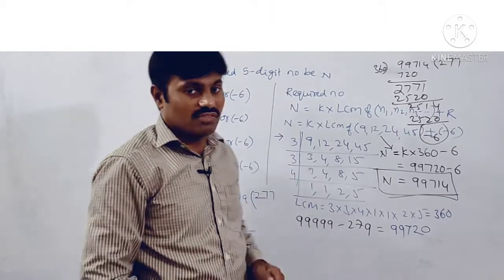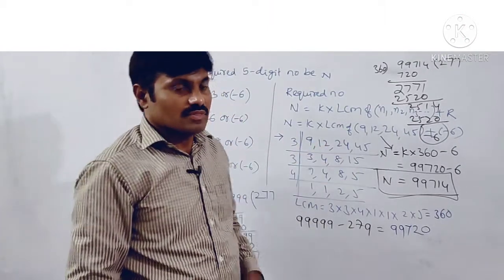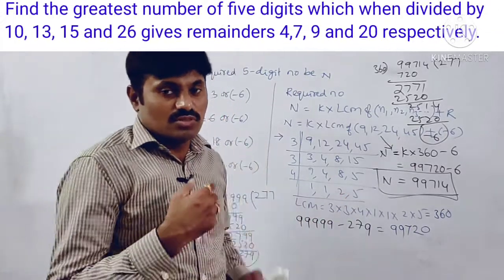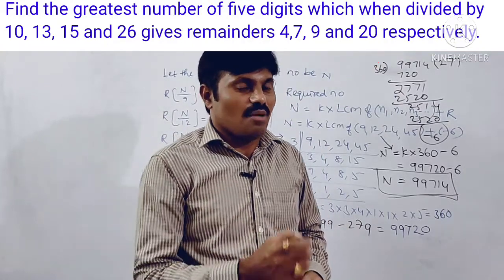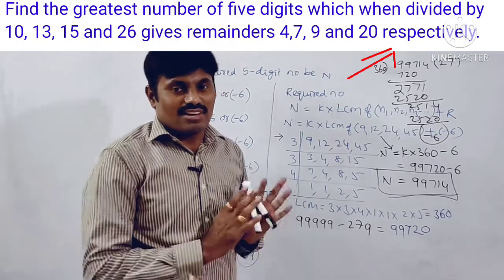These are most important for competitive exams, NDA and Olympiad exams. Now I am going to give one question to you. You solve that question and type your answer in the comments box. I hope you are clear about this concept.